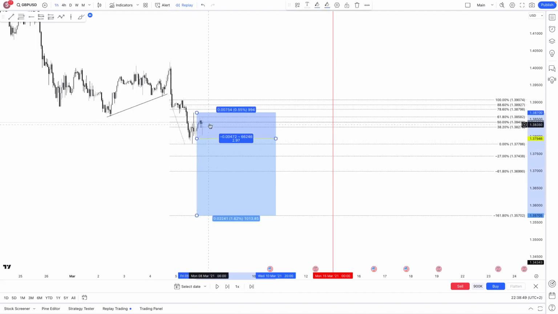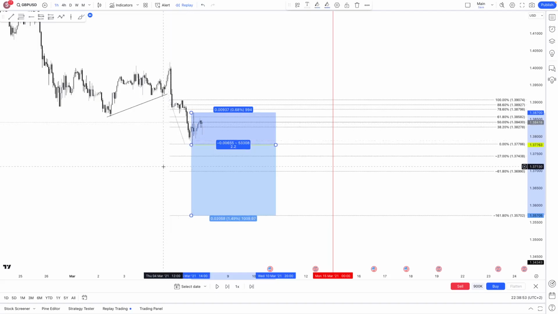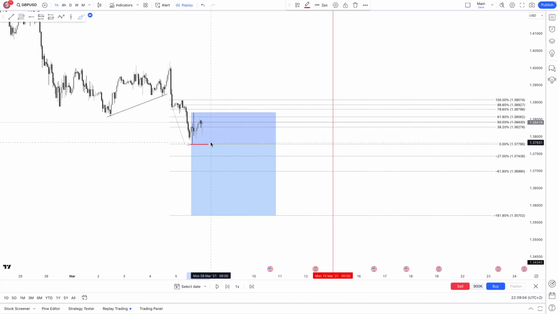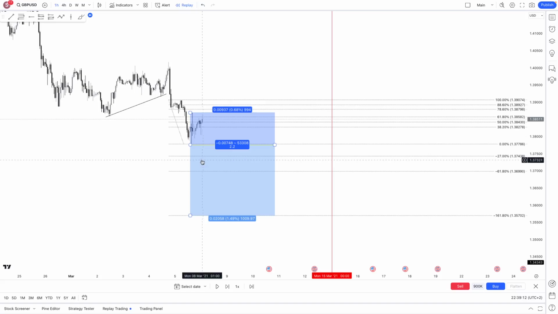However, I would like to see this make a move to the upside before I sell. But okay, I'm going to sell. I'm going to put a stop order. Once you break this low, I want to be in the trade. My stop loss will be above that top. That's if it breaks aggressively, so we'll see how it develops.